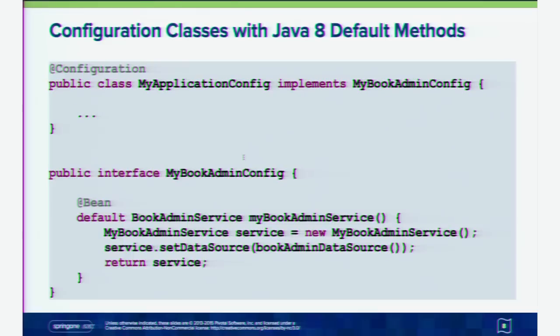It may not access any state because an interface cannot have fields, but it may refer to other methods declared in that interface. So syntactically, this is all you would need to do. Declare an interface, and instead of a regular method definition, you would use the default keyword to declare a default method on an interface. From our perspective, this is slightly unusual, powerful but unusual.